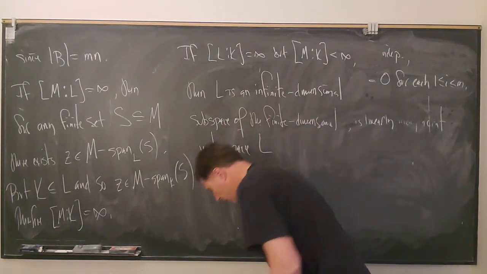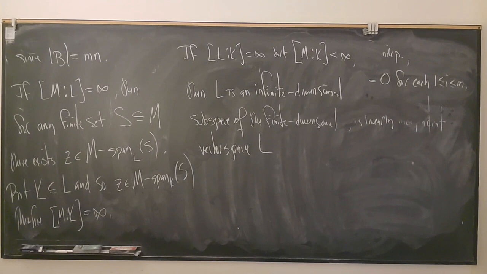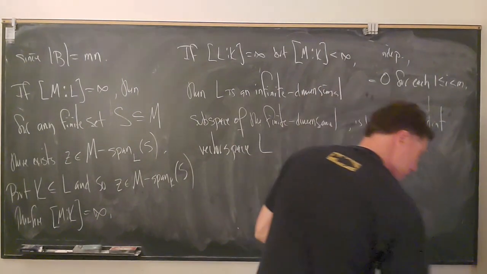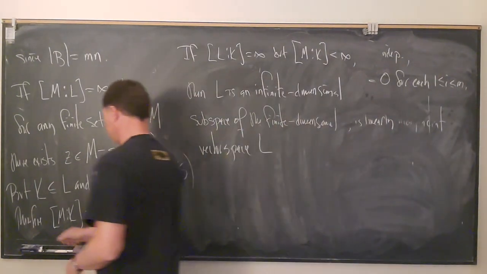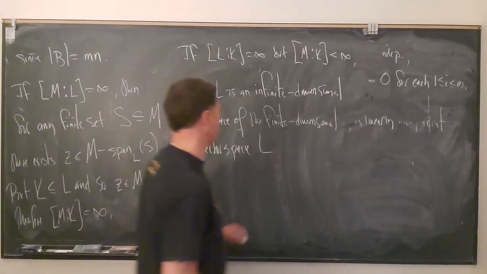A subspace of a finite dimensional vector space has to have finite dimension itself. So we can say which is impossible.